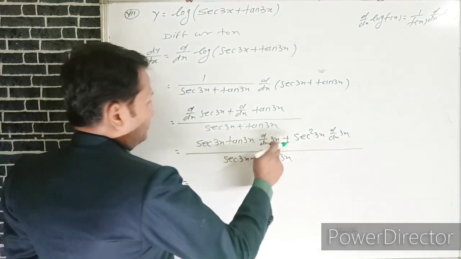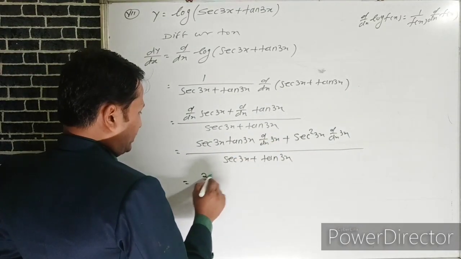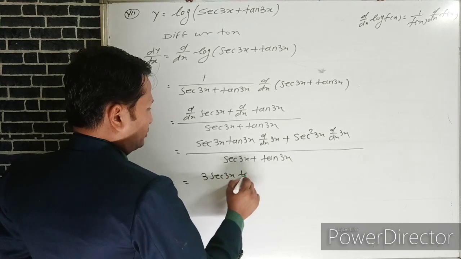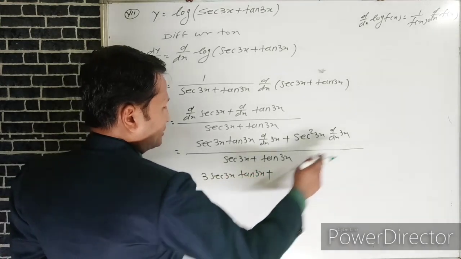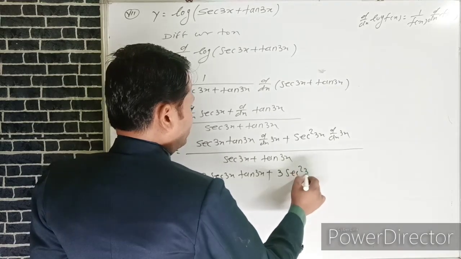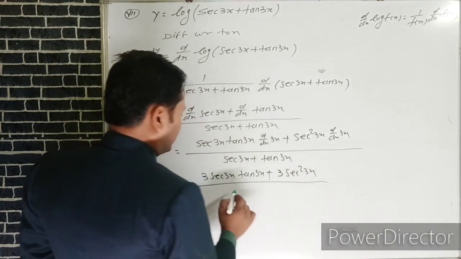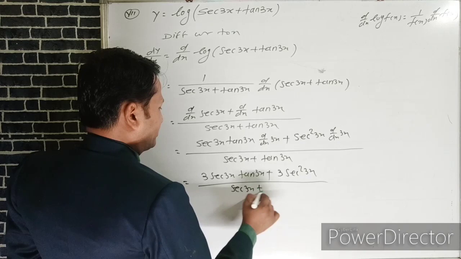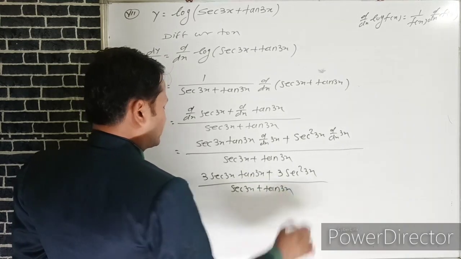Here the derivative of 3x is 3. 3 into sec 3x into tan 3x plus derivative of 3x is again 3, 3 into sec square 3x upon sec 3x plus tan 3x.